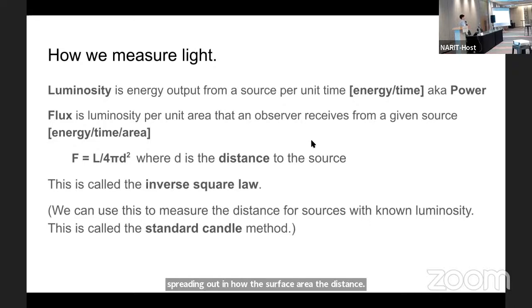The fun thing is that we can actually use this to measure distance to sources with known luminosity. If we have something with known luminosity, we can use that to measure distance. This is the method called the standard candle. No time to talk about that today, but that's a terminology you can look up, and you can also talk to me.